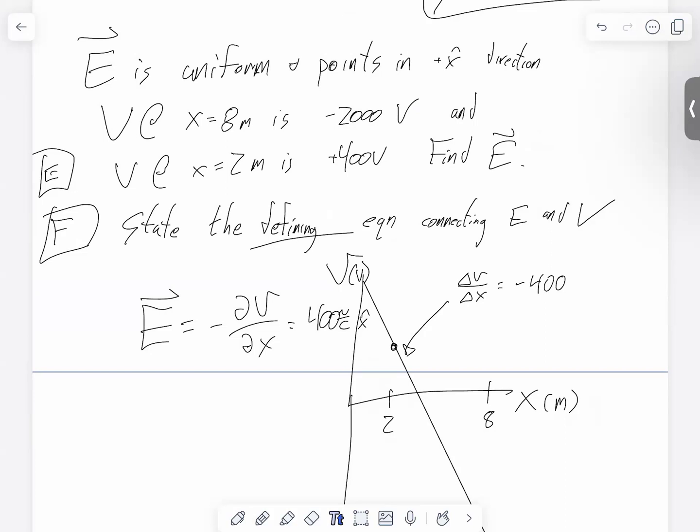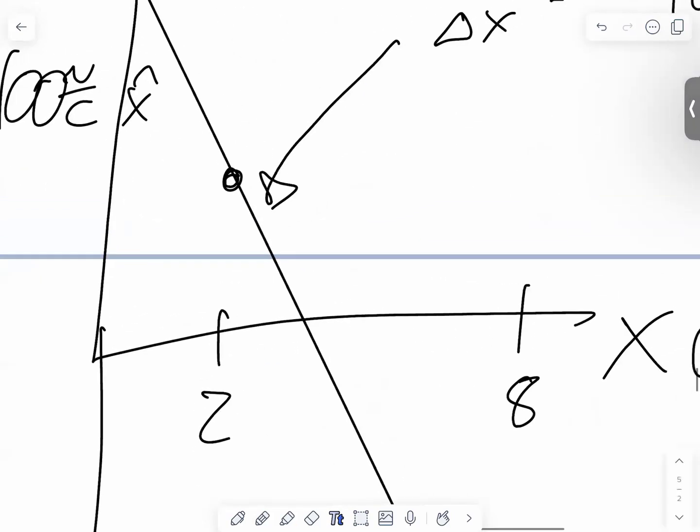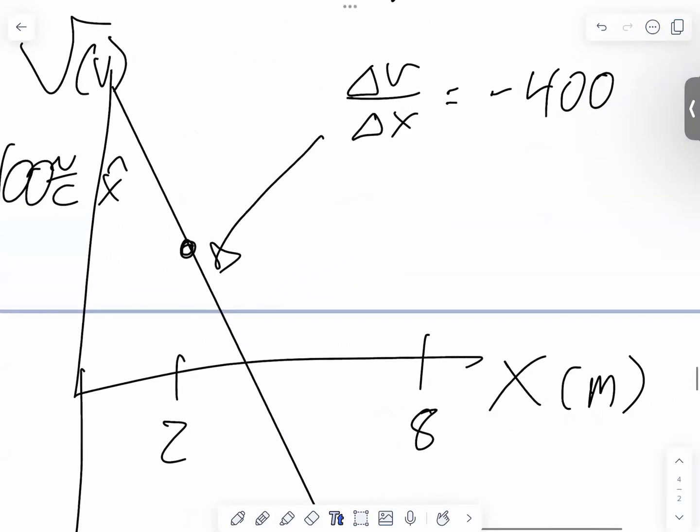Why is it negative? How can you remember it's negative derivative? What does that negative even connect to? How come if voltage has a negative slope, field points that way? Where does a positive charge want to be? Bottom of a voltage well. Remember, energy is charge times voltage.